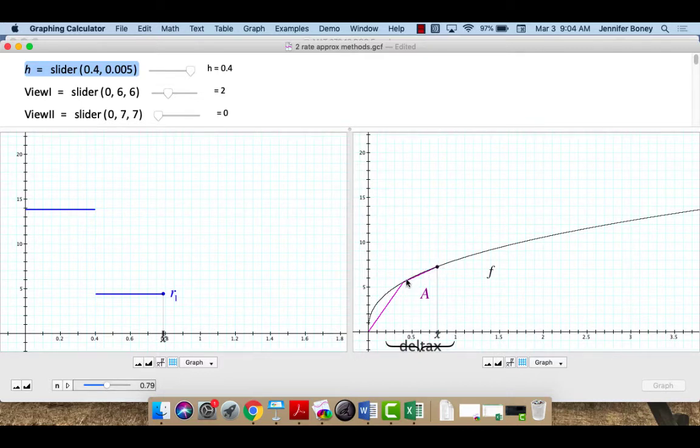Its steepness, its slope, the ratio of change in y to change in x, looks like 4.5 or so, according to where this is over here. That's easier than trying to estimate x and y coordinates here. But according to this rate function, it's about 4.5 or so, as opposed to around 14 for the first interval.